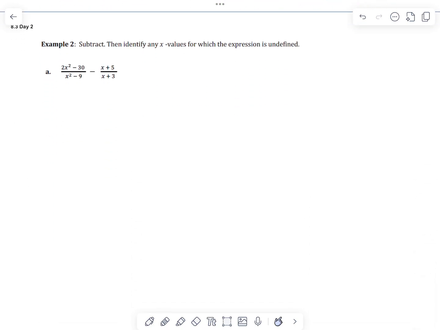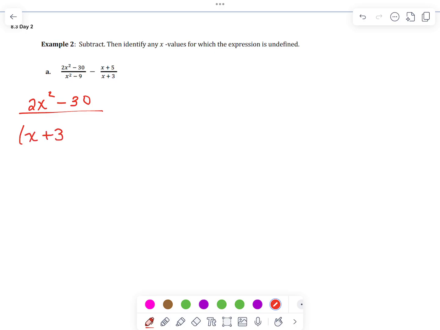All right, this example, notice the denominators are not the same. So we first factor. The denominator as the difference of 2 squares, so x plus 3 and x minus 3.